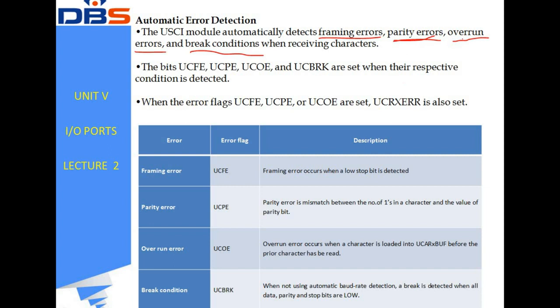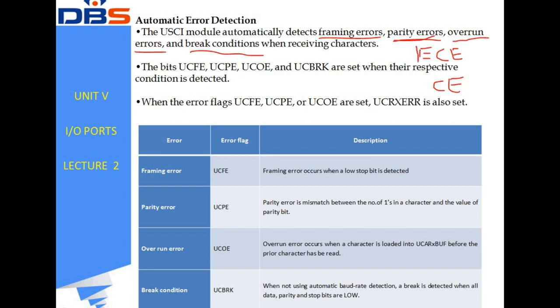And overrun errors. Suppose you are transmitting a data called ECE. This is the data that has to be transmitted. Before transmitting, if you have transmitted only CE, then what happens?